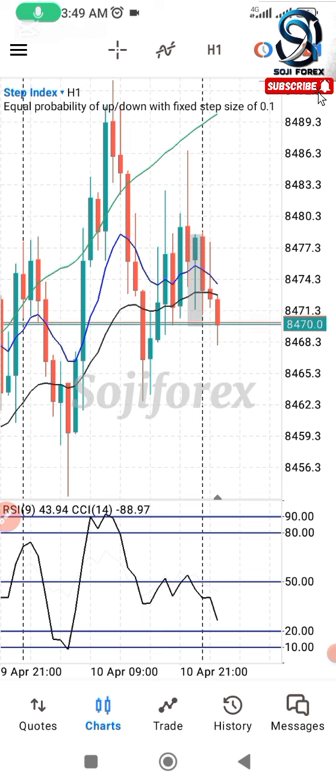Now the second way I want to show you this is by using your trend line, and in this scenario you will focus on price coming from the upper Bollinger Band. That means you are going to trade for a reversal.